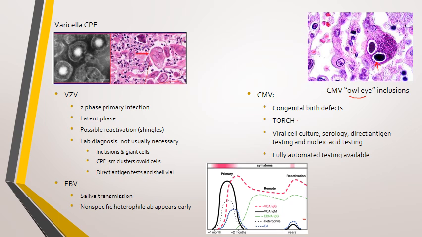TORCH stands for Toxoplasma, Rubella, CMV, and HSV. The TORCH panel basically covers those childhood illnesses where we can see birth defects and changes in development for the kids. So you'll usually get that ordered on young kids, hopefully.